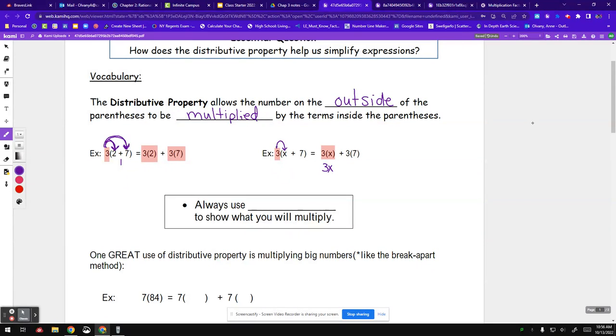And then you're going to take the 3 and multiply it by the 7. 3 times 7. So you will have 3x plus 3 times 7, which you can just write as 21. You can do this 3 times 7 in your head. You don't have to write this. You can just go straight to this 3x plus 21. So that's what it looks like.